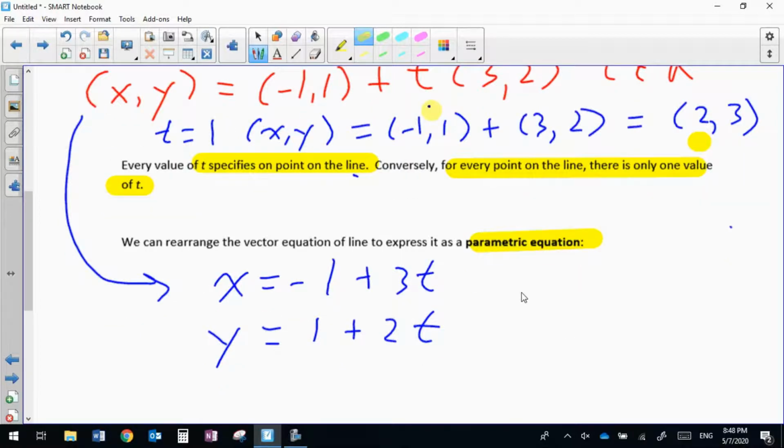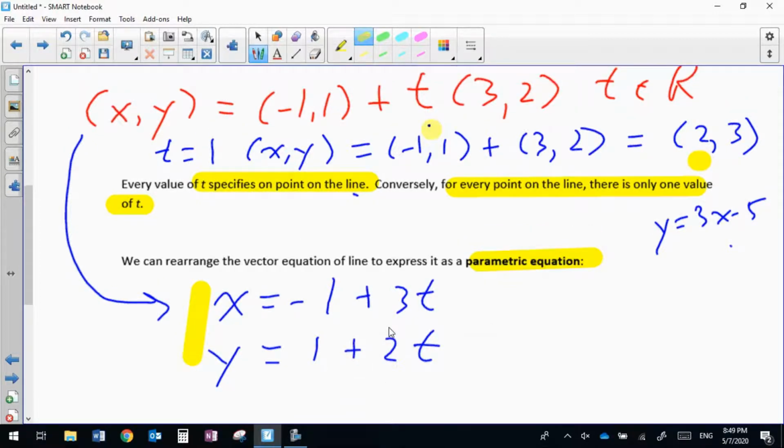Notice how different these are than finding an equation in y equals mx plus b form. When you have an equation in y equals mx plus b form, maybe it's like y equals 3x minus 5, you tend to sub values of x in and then find the corresponding y value. Whereas with parametric equations, you start by just picking a random t value, and that basically gives you your x and then your y value.